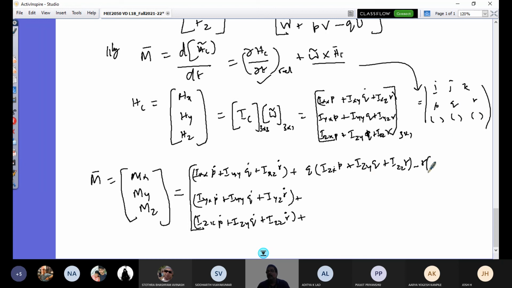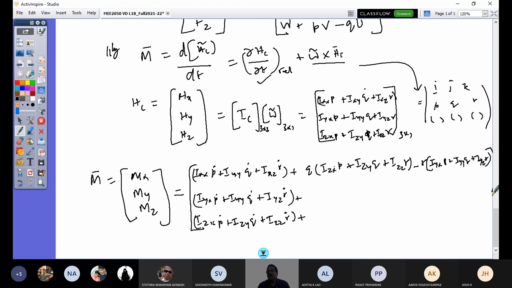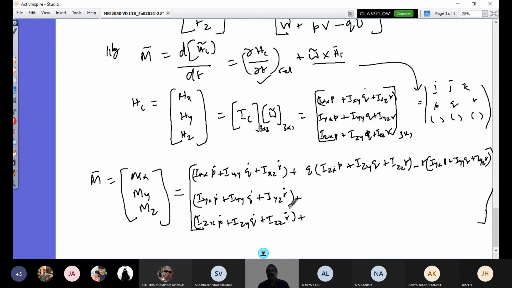So r into this term is the second term: Iyx p plus Iyy q plus Iyz r. So that's all. So my first equation is Mx equal to this. That's my moment equation.